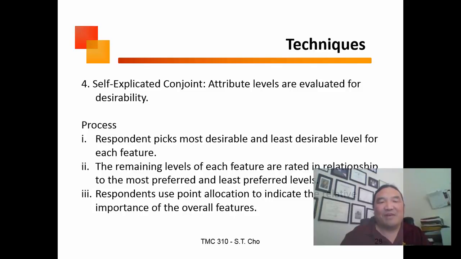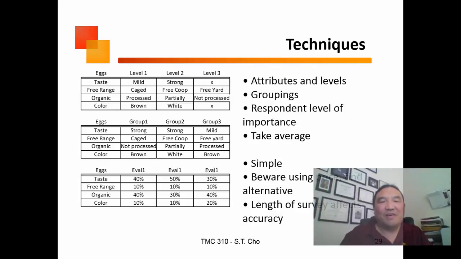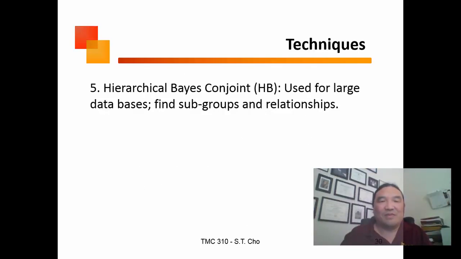And so you figure out what's the most desirable, least desirable of the techniques. And the way you do that is you figure out the levels and groupings, and you end up taking the average. And all of this is explained in your book. That's why I'm just kind of blowing past all this.